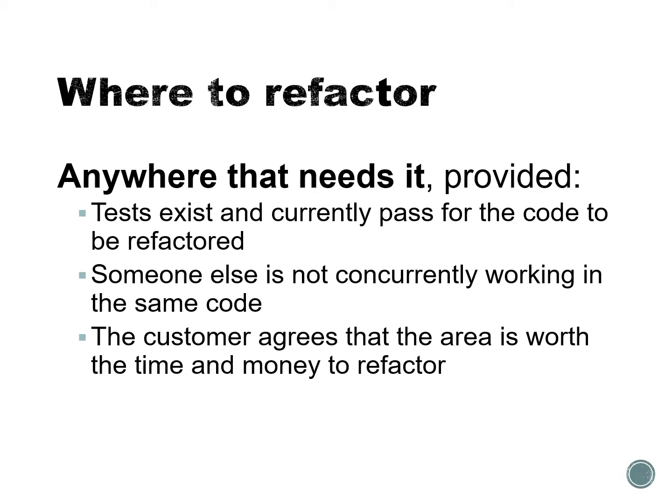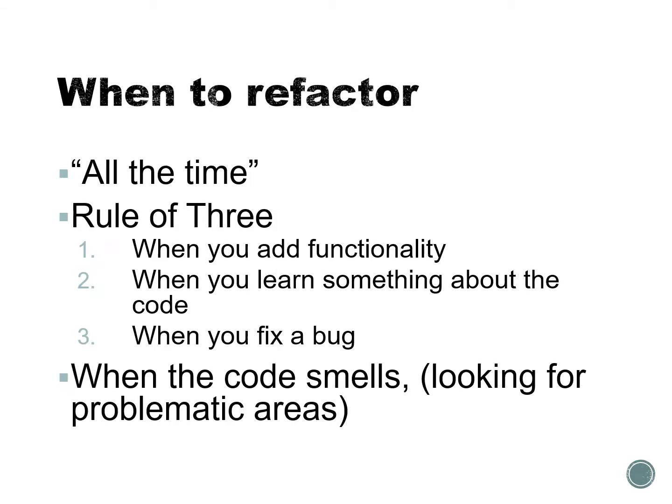But still, refactoring should happen every time we find some source code that smells, i.e. it has some features which are problematic. So on when to refactor, well, all the time, that's the simple answer.